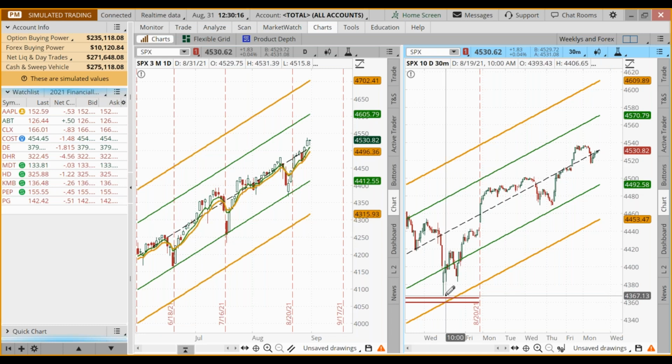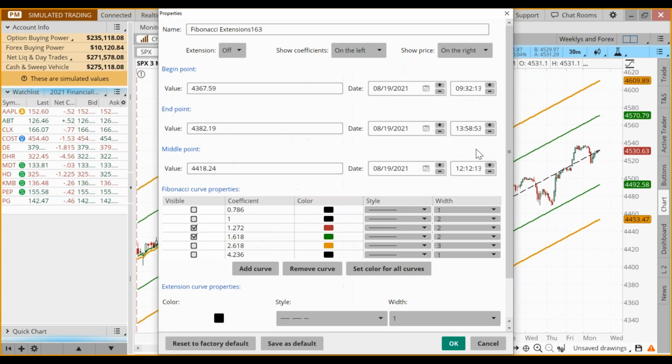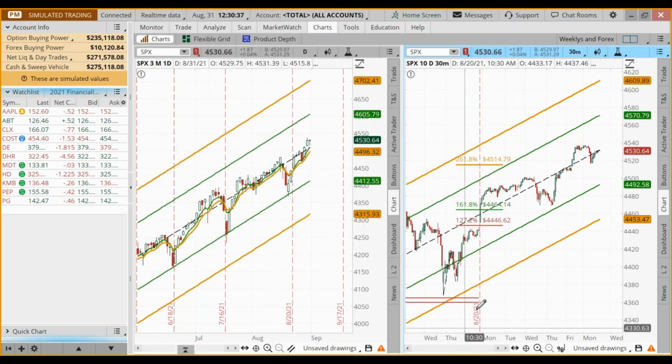But if we come back here and put a Fibonacci on this, remember, click to the high, click and drag down to the lower high. See, and this blew right through the 161. So if it blows right through the 161, I'm looking at the next target, and that's the 261.